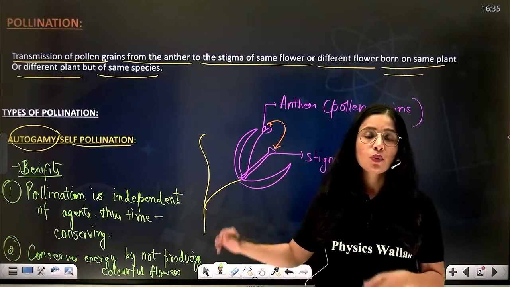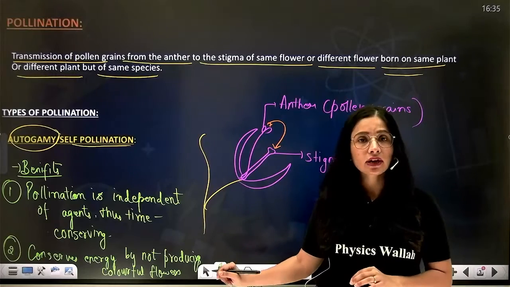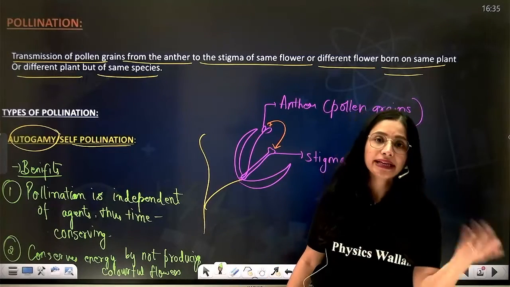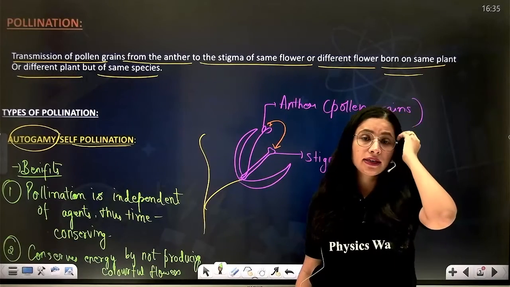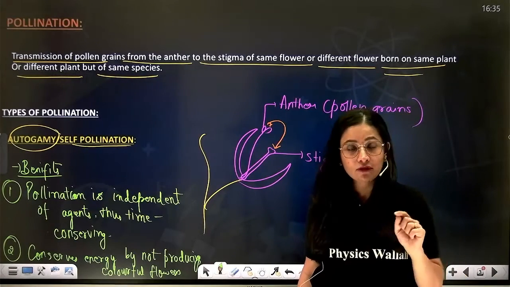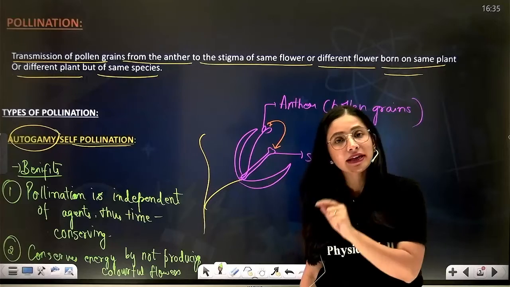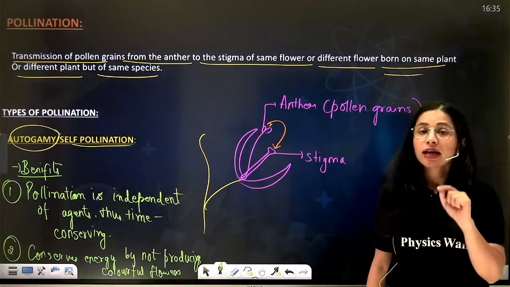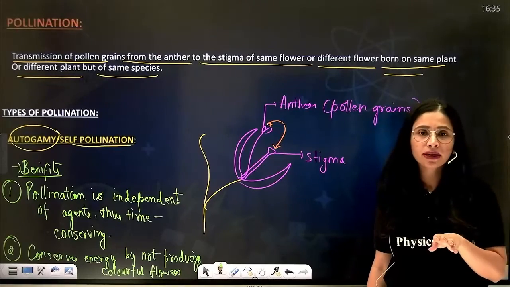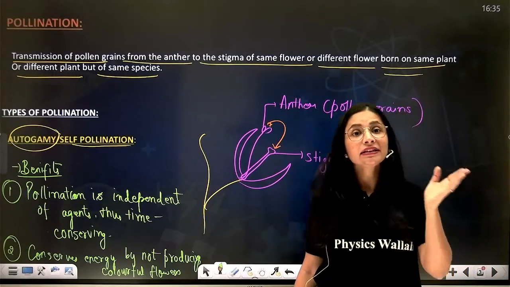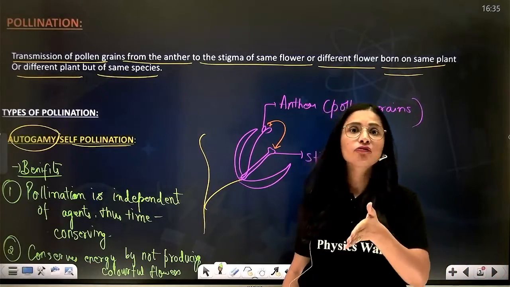Now, the one disadvantage of self-pollination is the biggest advantage of cross-pollination, and that is inbreeding depression. If continuous self-pollination takes place, beta, then what is going to happen? All the time the new offspring produced will carry the same genes as that of the parent.